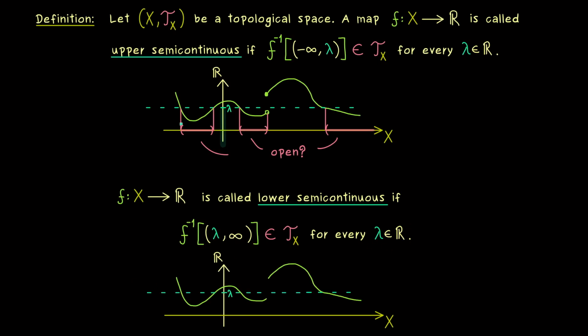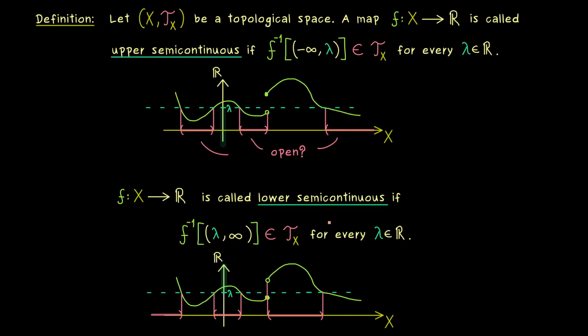And actually we can completely copy the picture, the only difference is now that we consider the interval from lambda to plus infinity. And most importantly, to get a lower semi-continuous map, we have to fill in the lower point in the jump point. Because then it's totally clear that we get open intervals again if X is given by the real number line again. Therefore, this is a typical picture of a lower semi-continuous function.